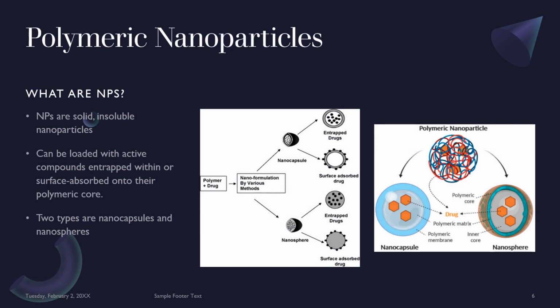Polymeric nanoparticles are solid, insoluble nanoparticles that can be loaded with active compounds entrapped within or surface adsorbed onto their polymeric core. There are 2 types of polymeric nanoparticles, nanocapsules and nanospheres.